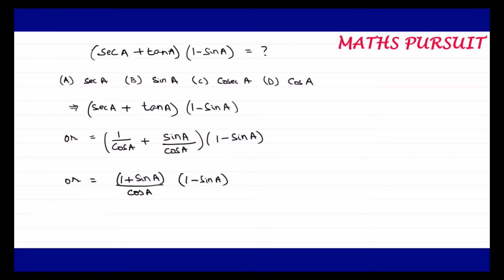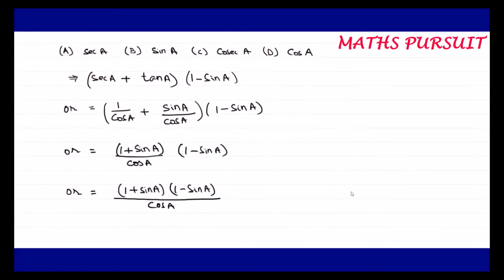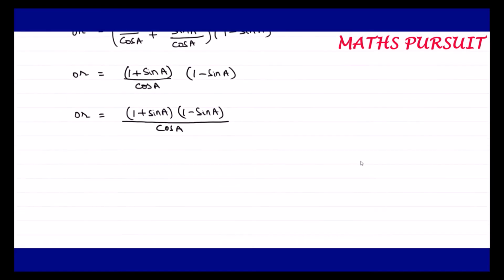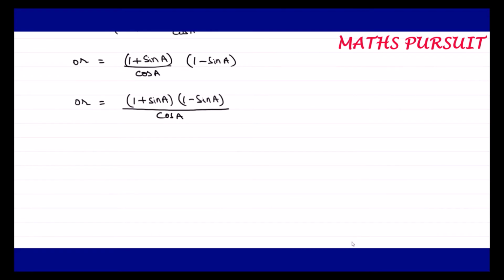Or even I can write it in a single line, that is (1 plus sin A) into (1 minus sin A) upon cos A. Nothing new yet, I just took it in a single line. Hope guys, till here we are pretty clear. This is a very easy, very simple way I'm solving these equations. So we got (1 plus sin A) into (1 minus sin A) upon cos A.